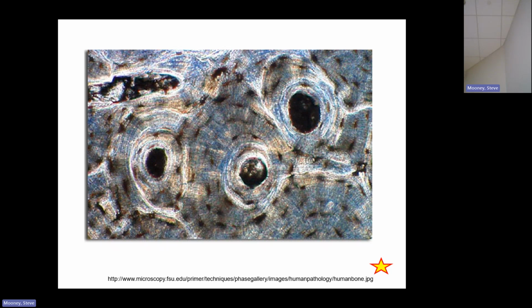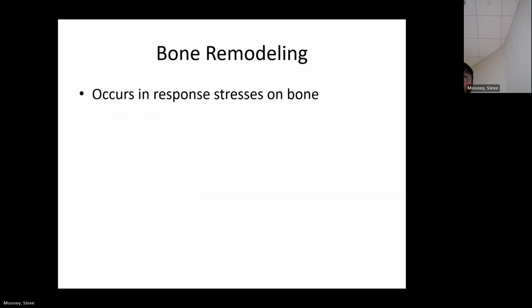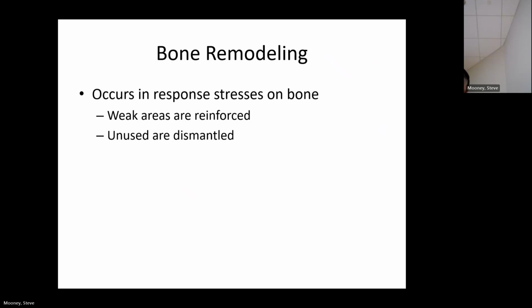So as we get cracks in our osteons, there's an opportunity there for our bones to be repaired. So when we've got that remodeling, the stress, weak areas, areas with micro cracks or areas that appear to be weak are reinforced.